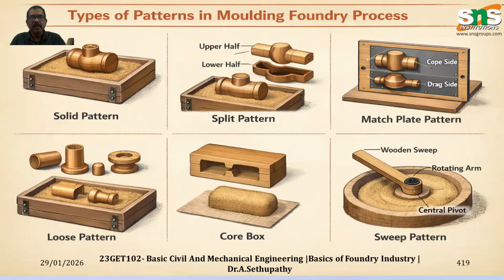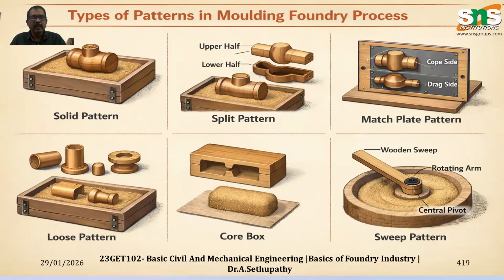So the pattern is a metal piece that is manufactured based on the size and shape of the part or product we are going to manufacture. The product is first manufactured using pattern materials.